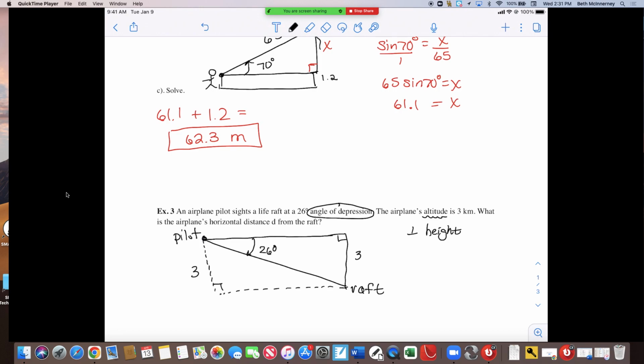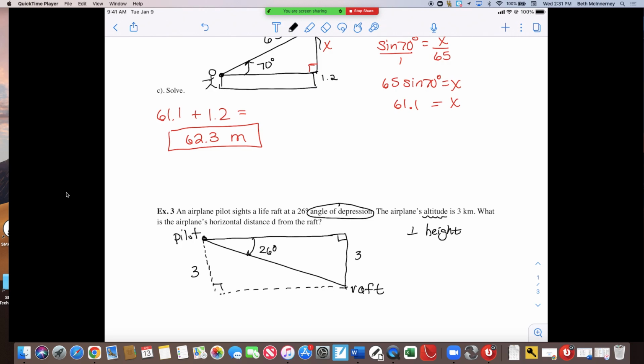Well, this creates a rectangle. And what I know about rectangles is their parallel sides are congruent. So I can then create 3 on the inside of my triangle, even though it was directly underneath the airplane. One other thing I'm going to bring back from geometry is, remember you learned about alternate interior angles are congruent.